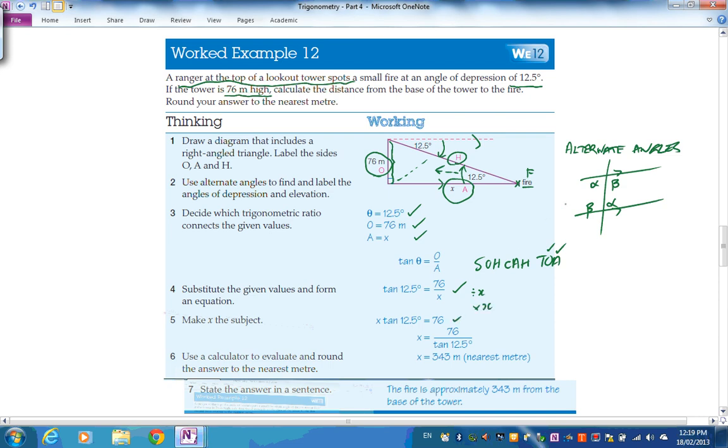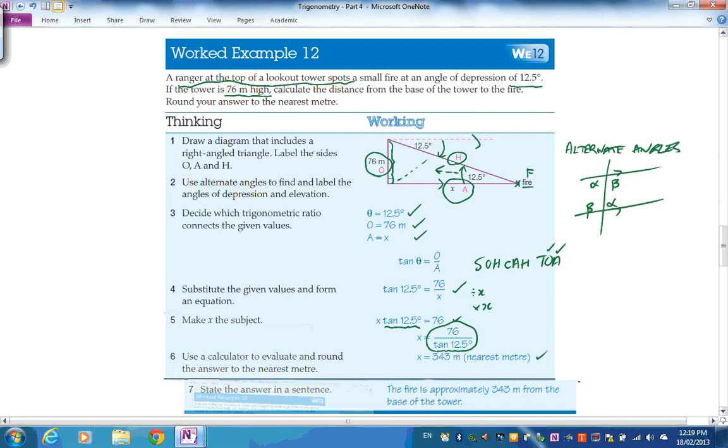We get that line, and then x has been times by tan 12.5. To get x back again, we will divide, and so we come up with this answer here. All right, so to the nearest metre we have 343 metres, so it's not very far away, that fire.